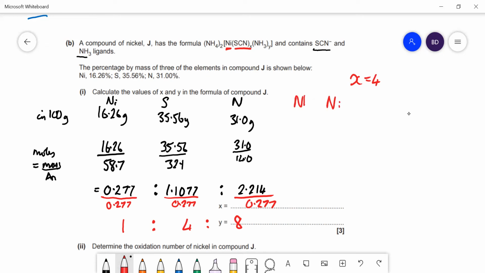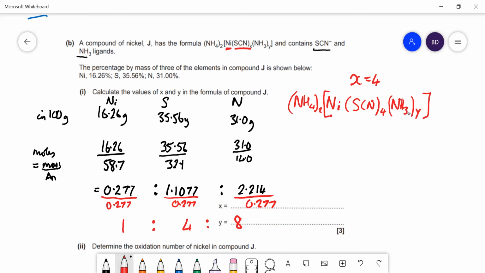So we've got NH4 twice, Ni, one of them, thiocyanate, we're going to have 4 of those, NH3, we don't know how many of them, we want to find that out. Okay, so the brackets around this.